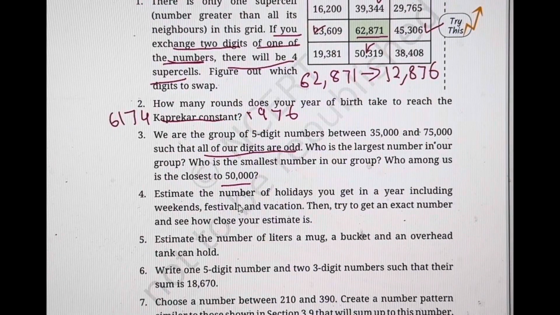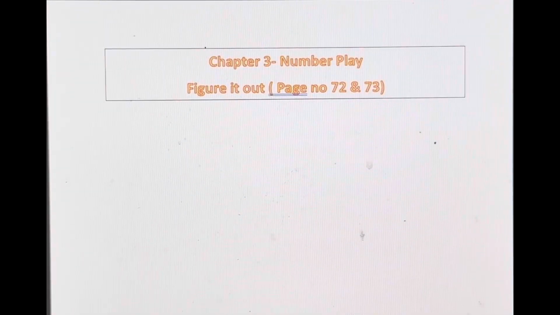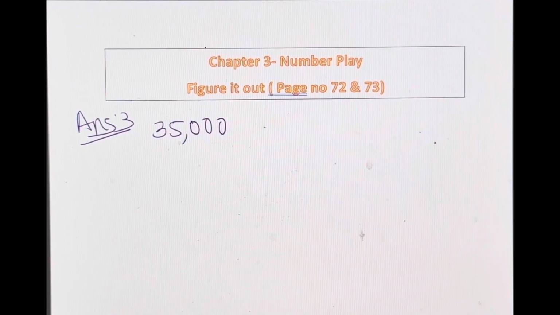Okay, so let us first try to find which are the odd-digit numbers between 35,000 and 75,000. All digits should be odd, that you need to remember. So we write answer number 3, that is the range is 35,000 to 75,000.